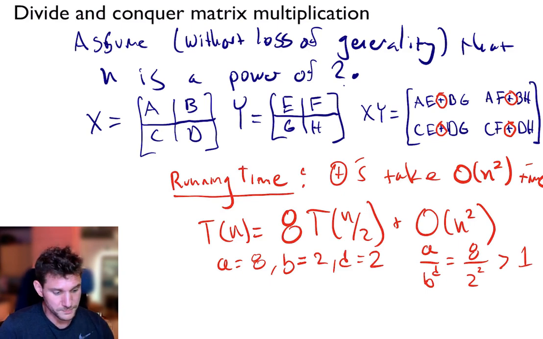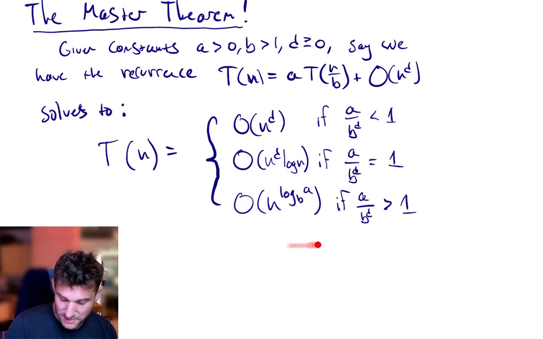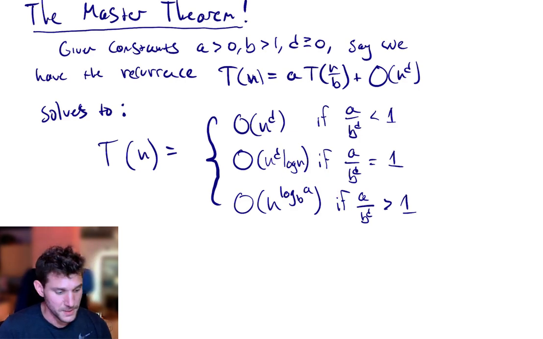And when that's strictly greater than 1, we know that the third case of the master theorem is the important one. Okay, just to remind everyone, this was the master theorem. This is the case that we are interested in, this third case right here. We had to check a over b to the d. That was strictly larger than 1, in which case we're going to get a running time of O of n to the log base b of a. So let's go back and look at what that ends up meaning.